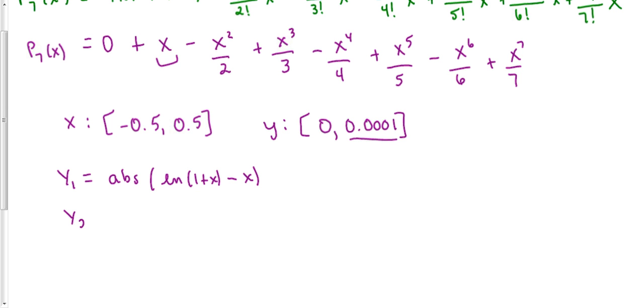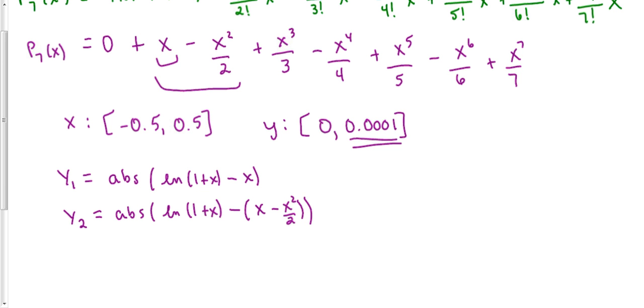Then my second function that I'm going to graph is going to be the absolute value of the natural log of 1 plus x, again, minus, and now I'm going to take my next two terms. So I'm going to have x minus x squared over 2. And if that, again, is greater than what my adequacy value is, then I'm going to know that that approximation isn't good enough.